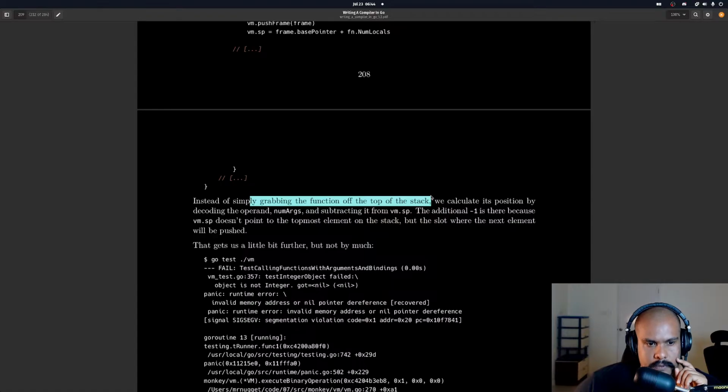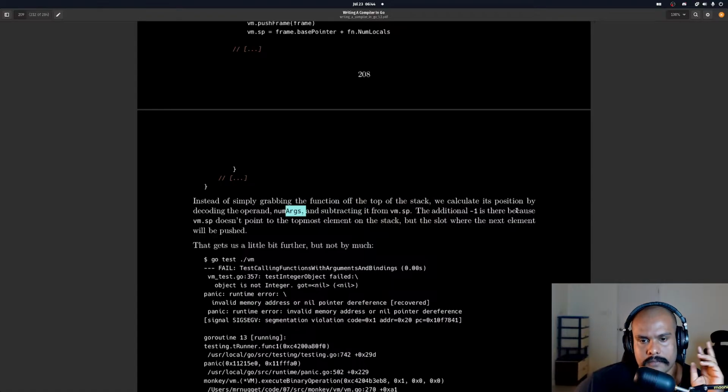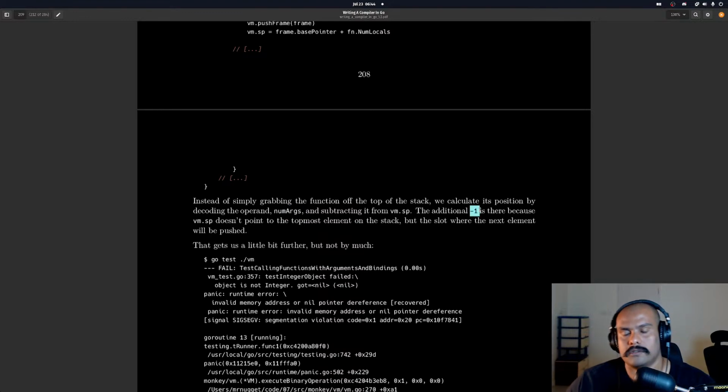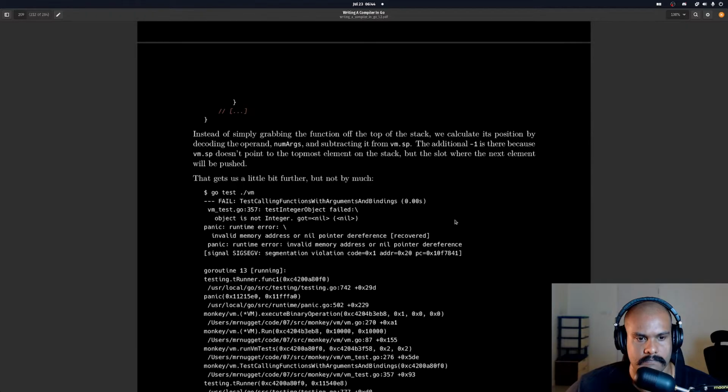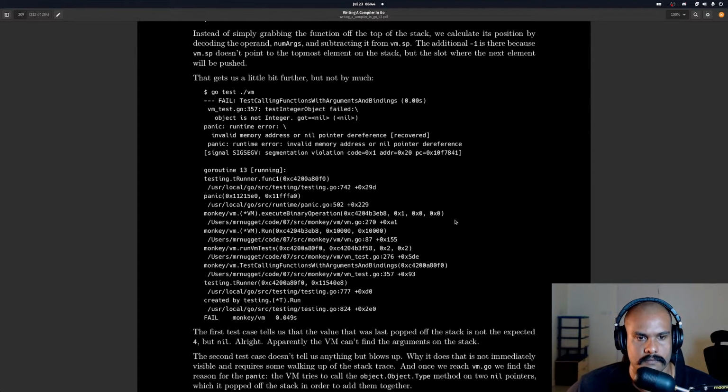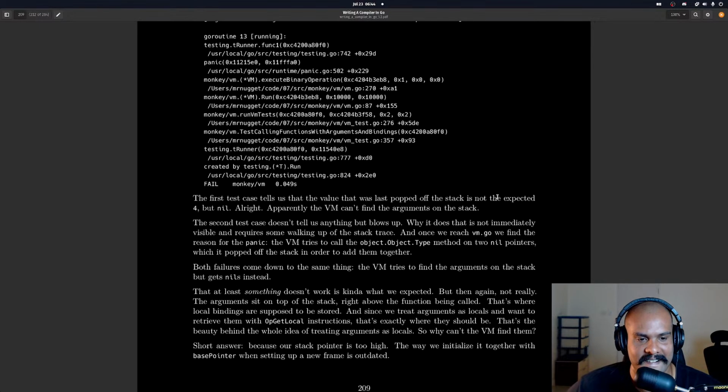We calculate its position by decoding its operand, now subtracting it from the stack pointer. The -1 is because stack pointer is always pointing to the top. Okay, at least I don't get a segmentation fault.